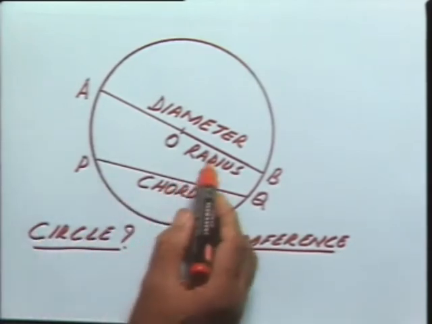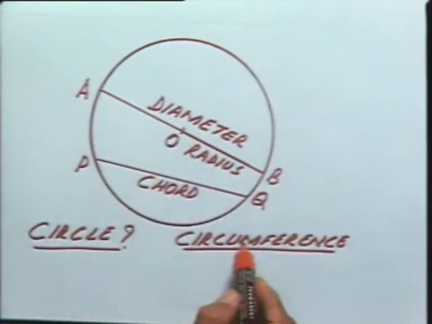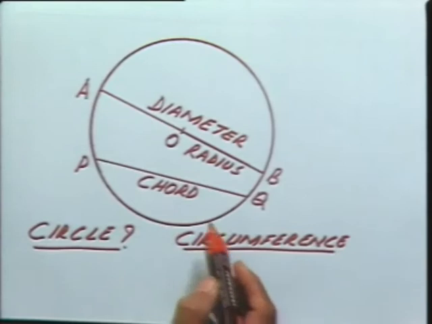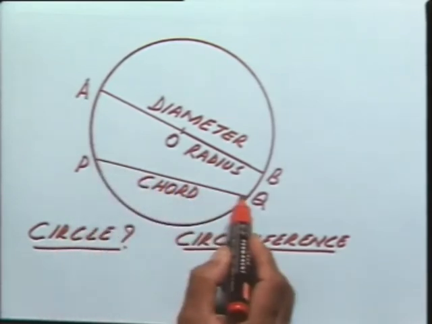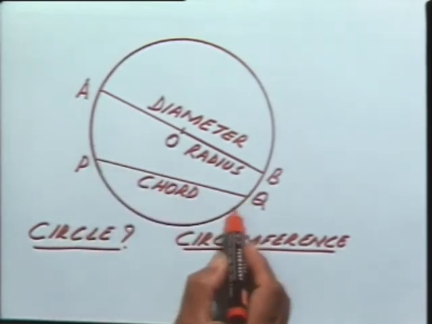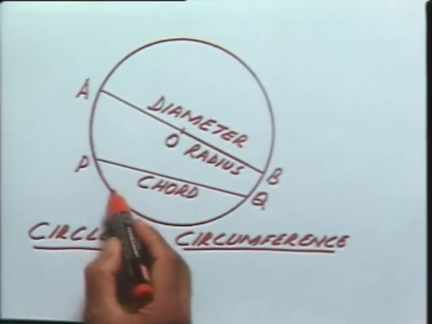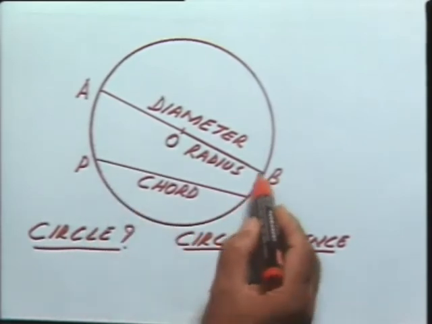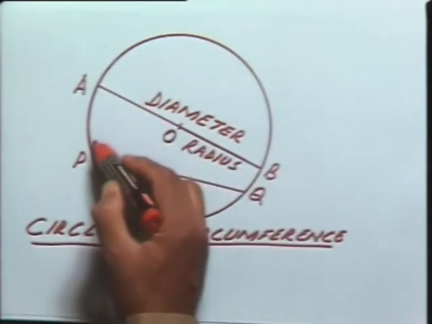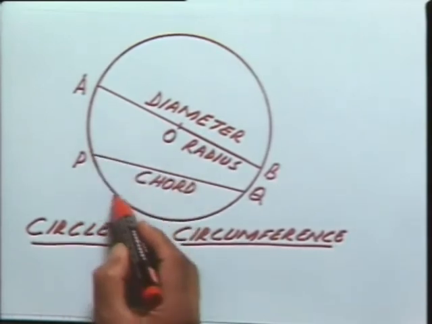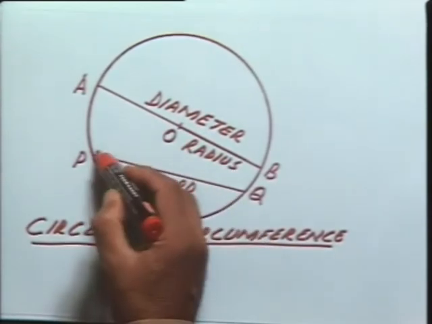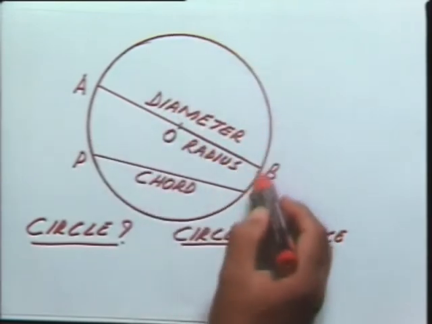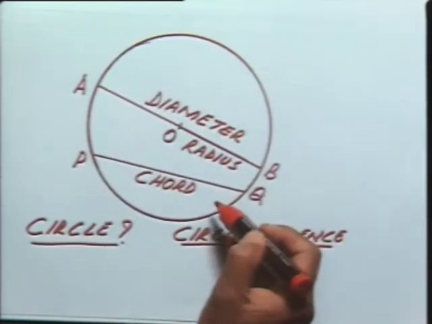So, we have seen the chord, the radius, the diameter, the circle, and the difference between these two we have understood clearly. Now, this chord is splitting this circle into two parts. This is one part, this is another part. This is an arc, this is also an arc of the same circle.